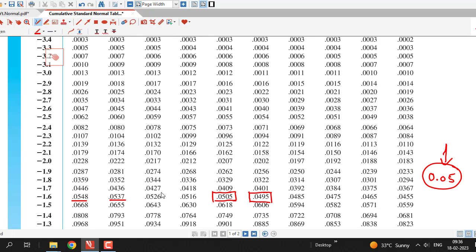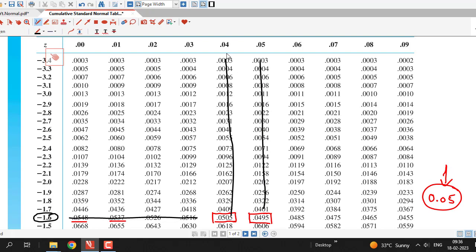So what we can do is we can take the average of Z values corresponding to these two areas. Here we have minus 1.6 corresponding to this row, and we have to search for this column and this column. So we have 0.04 and 0.05, and here I have minus 1.6.